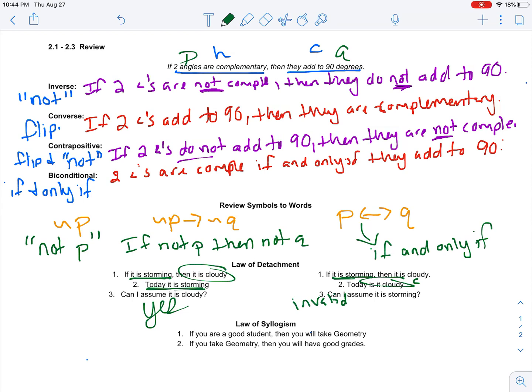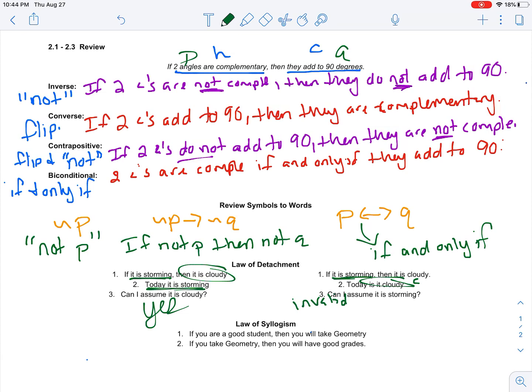Now, anytime we say something's invalid, we need to come up with a counterexample. When we come up with that counterexample, that's any example that makes the statement false. So if it's storming, if I tell you that today's cloudy, does that mean it has to be storming?